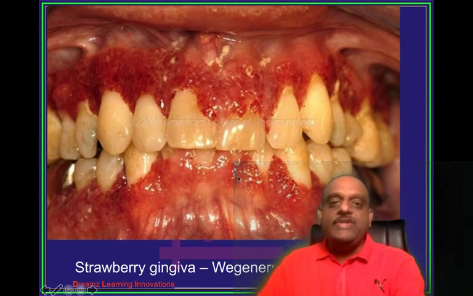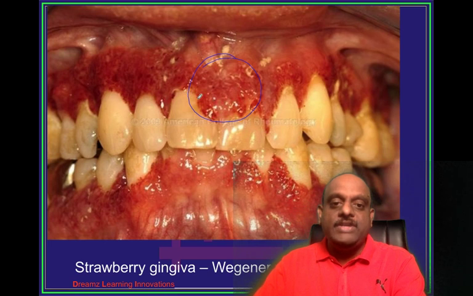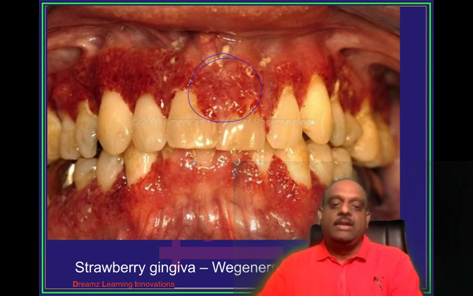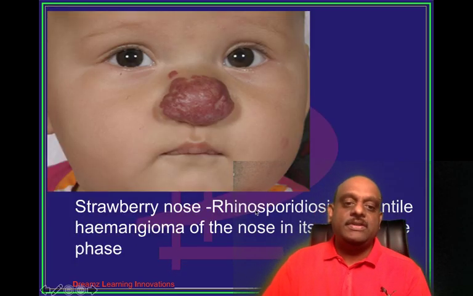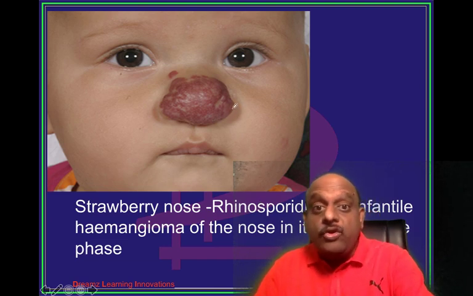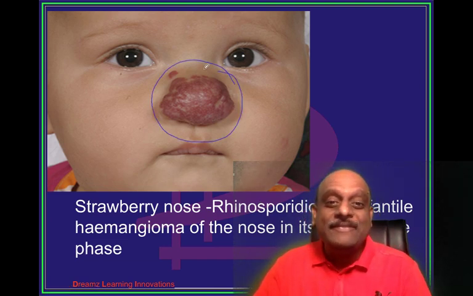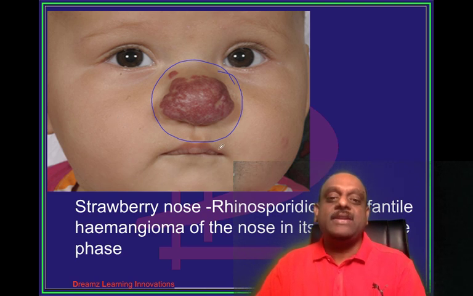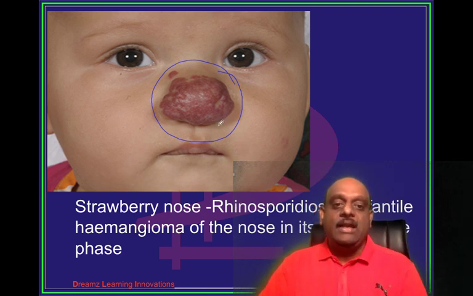Similarly, strawberry gingiva. Strawberry gingiva is a feature in granulomatosis with polyangiitis. Strawberry nose, where do you see it? It is rhinosporidiasis.